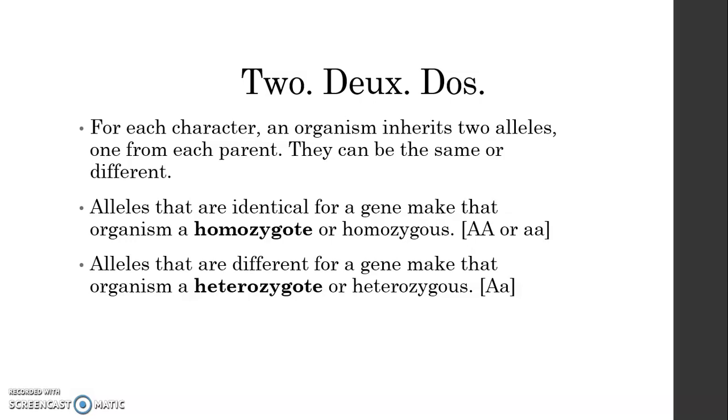If you have blue eyes, you have 2 of the recessive alleles. But you might be heterozygous for your hair color or something like that, where you have 1 dominant allele and 1 recessive allele. So it's not like whole individuals are homozygous or heterozygous. It's more like for the individual characters, the different genes that you have, you'll be homozygous or heterozygous for them.